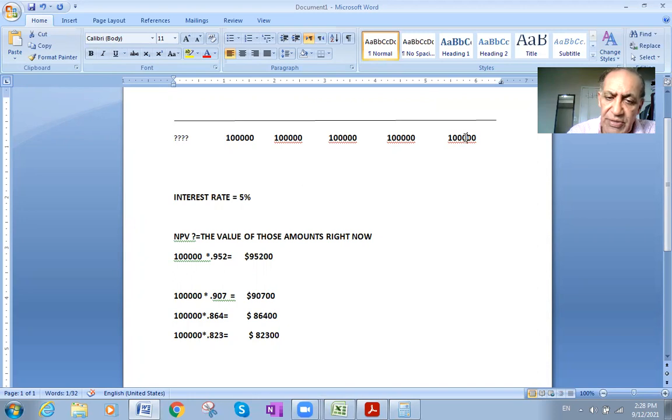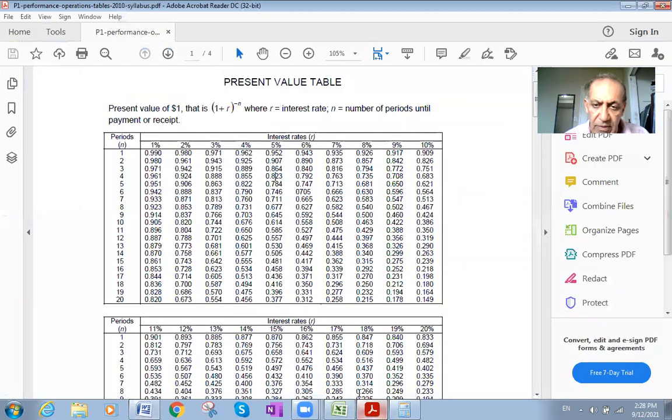So here now also this 100,000, we'll take it, Control and V, then we multiply by the time. We'll go to the table of the present value with the interest rate of 5%, year number 5, 1, 2, 3, 4, 5, 0.784.